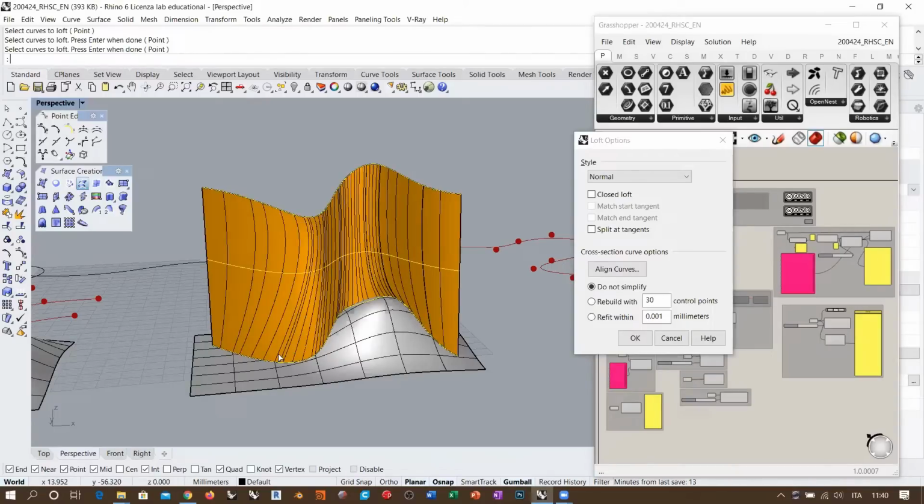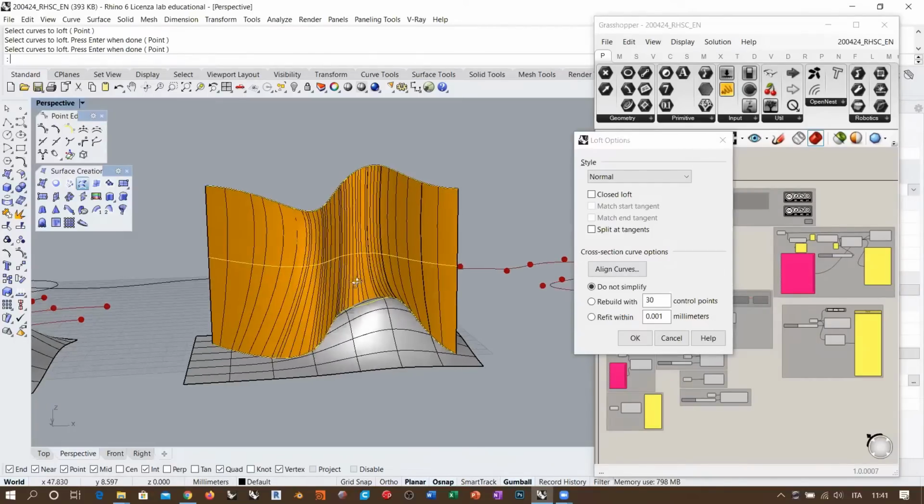And up top we have these two curves with a lower level of complexity, but it is normal for the loft to use the higher complexity in order to represent and pass through the simplest cross section.